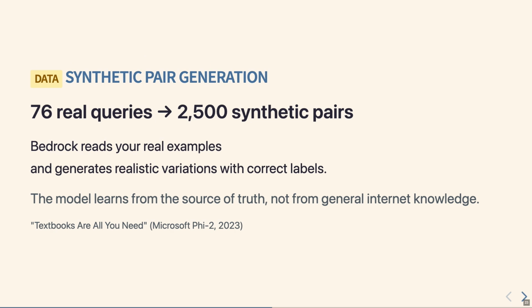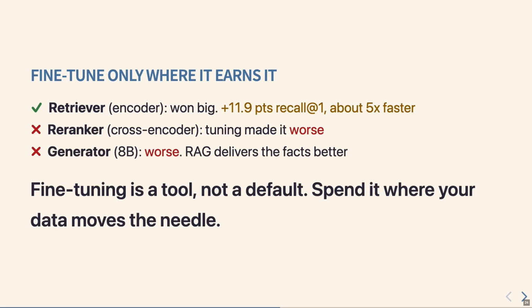Data here is very important, so you need to make sure that you validate the synthetic pairs that are being generated. Throughout the process, I asked, hey, if I can fine-tune a model, does it make sense to fine-tune all the possible models in my AI pipeline? Fun fact: none of them actually saw a value or a gain.